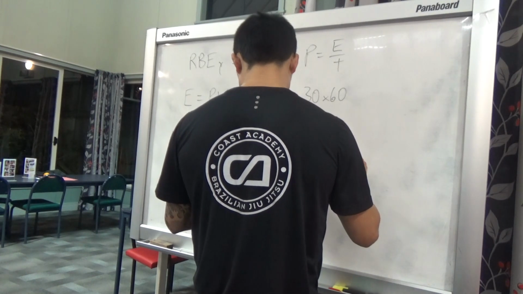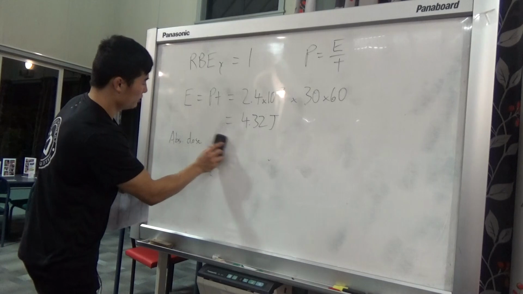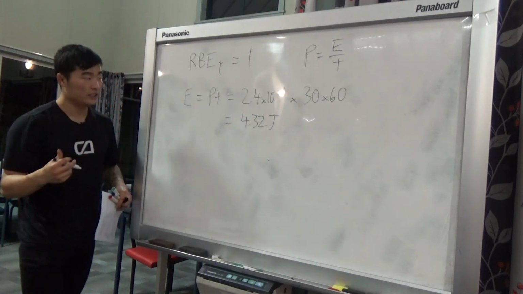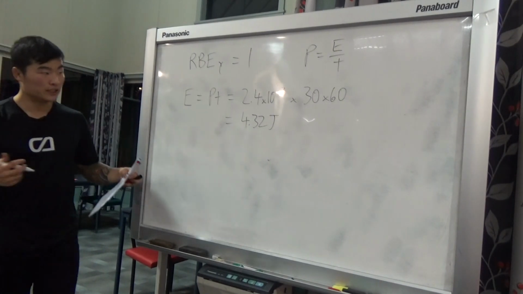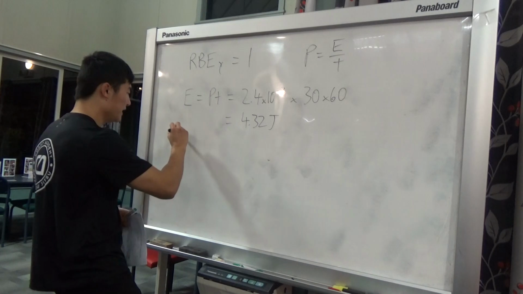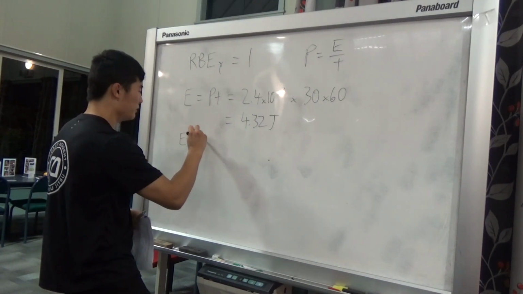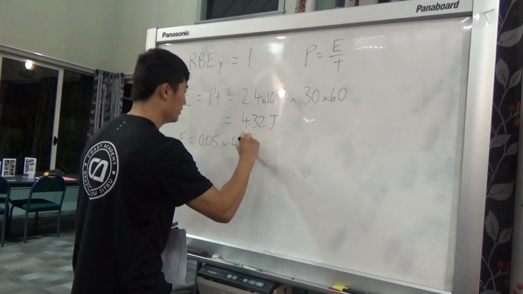Oops, that's not right. Oh, sorry, I skipped a step. So they said that only 5% of the photons are absorbed. So the energy that's actually absorbed is equal to 0.05 times 4.32.